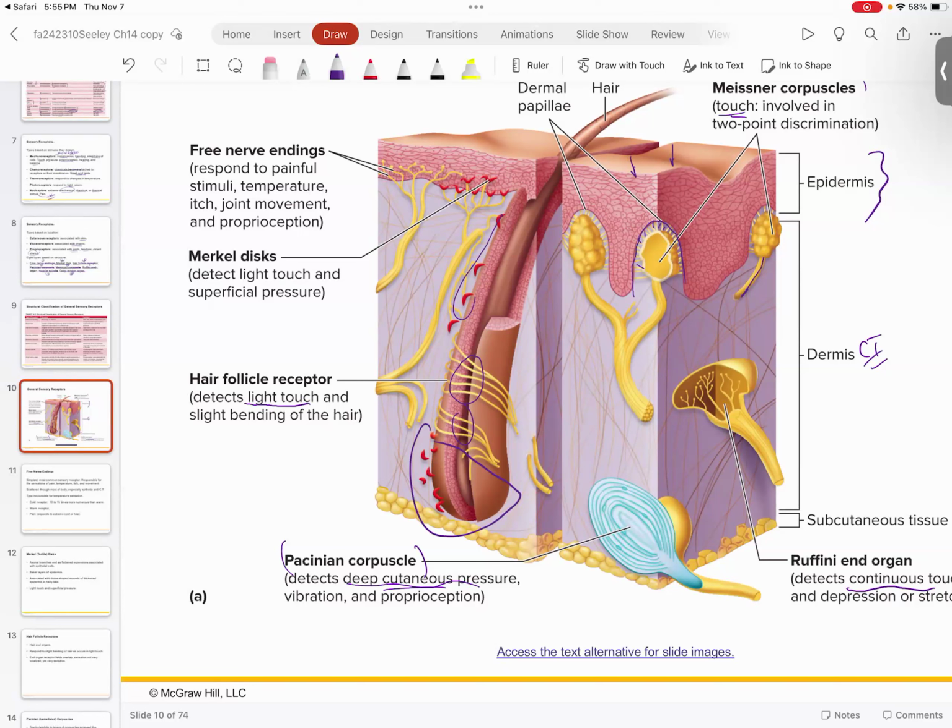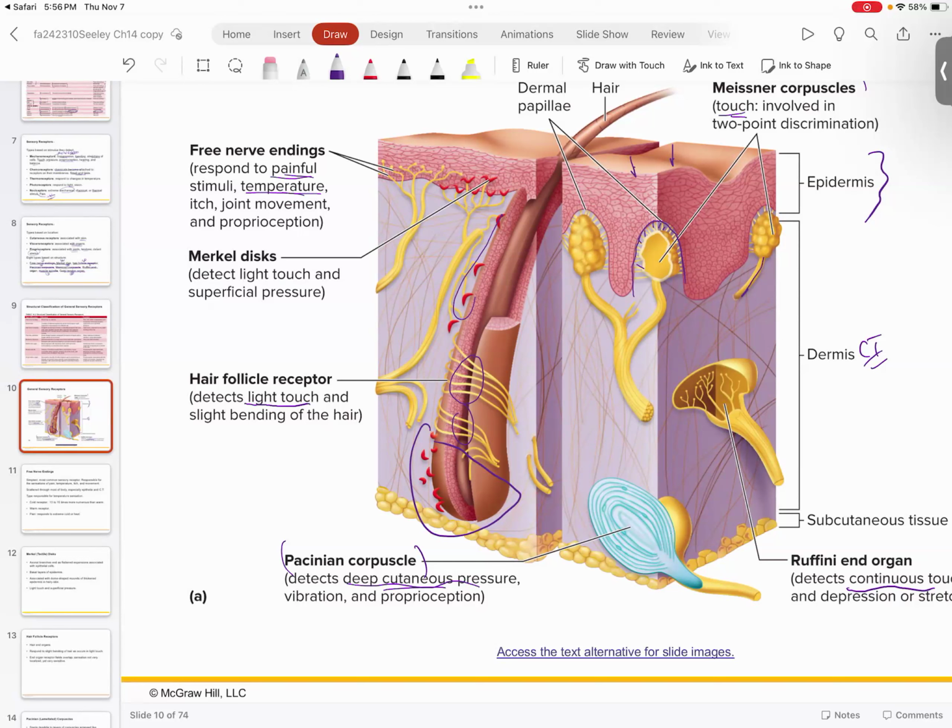So if I gently touch the surface of your skin, your Merkel discs, and also your Meissner corpuscles will allow you to be able to sense that light touch. And very, very gentle pressure. If I start putting a little pressure on there, you can feel the pressure also through these Merkel discs. And then also in this epidermal region, you have nerve endings, which oftentimes will be responding to painful stimuli, temperature, and things. These will be responsible for some of those sensations.